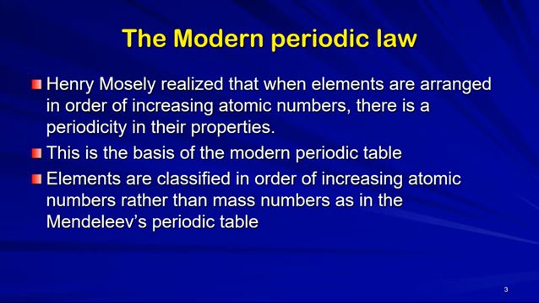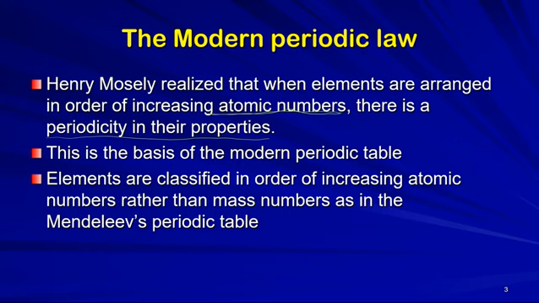There is a scientist called Henry Moseley, and Henry Moseley realized that when chemical elements are arranged in order of increasing atomic numbers, you can see it here, there is a periodicity of their properties like ionization energy, like electronegativity.